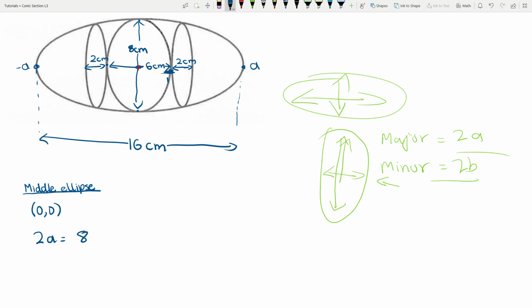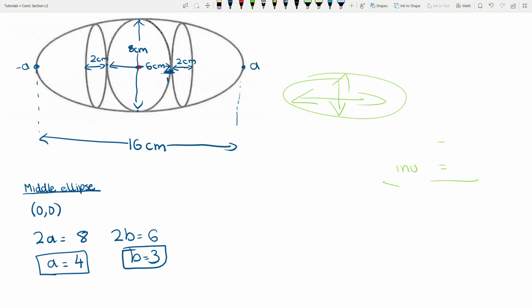You see what I did? It's the vertical now, not horizontal. We're not putting 6 on 2A. We're putting 8 on 2A, okay? Therefore, A is 4. And since 2B is 6 now, B would be 3. I hope that makes sense.